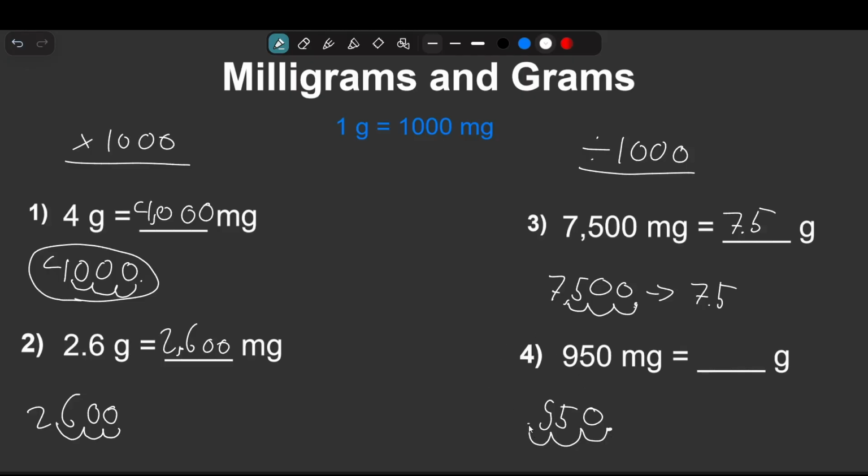So we're going to put our decimal right here, and of course, we have to put a 0 in front, because you can't have a decimal in front of a number without anything before the decimal. So our final answer is going to be 0.95. If you want, you can also put a 0 right here, but this doesn't change the value anyway.